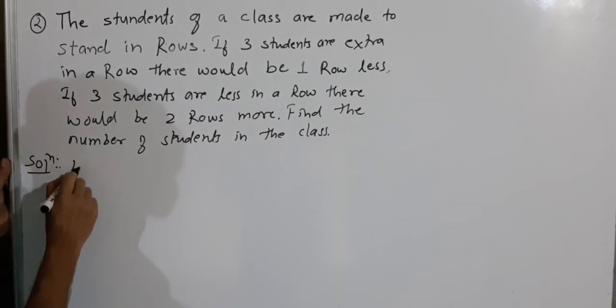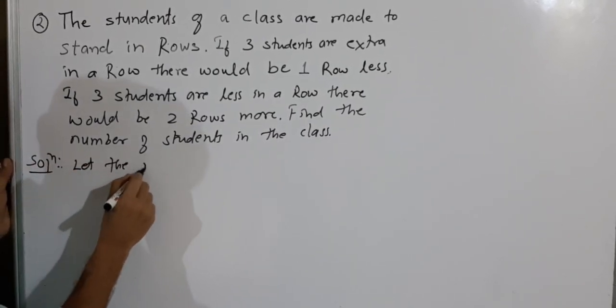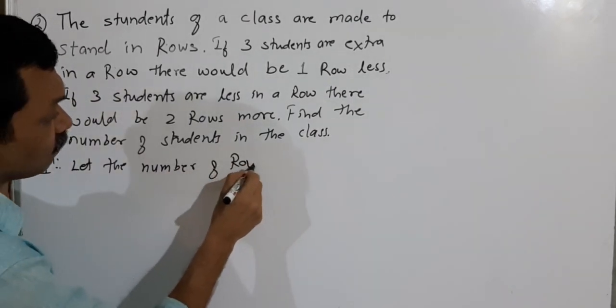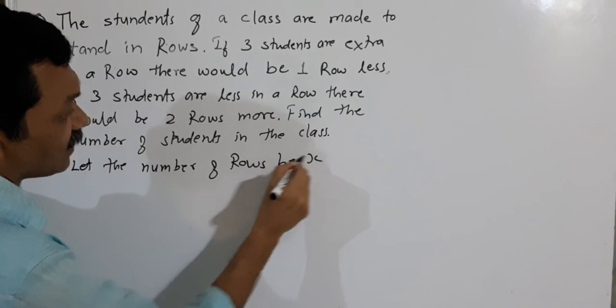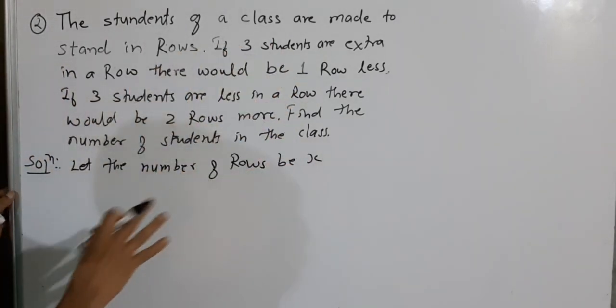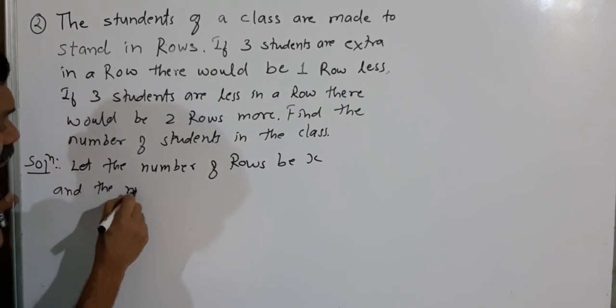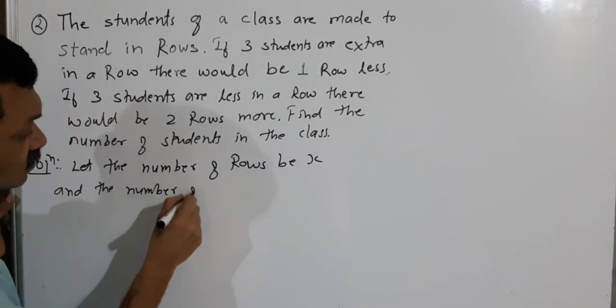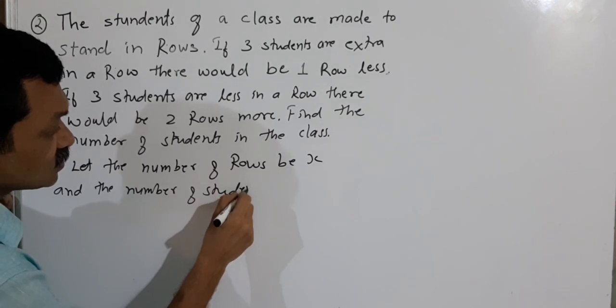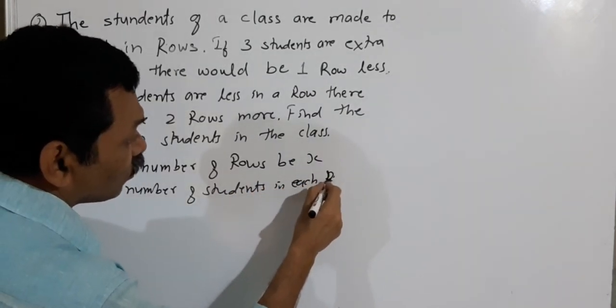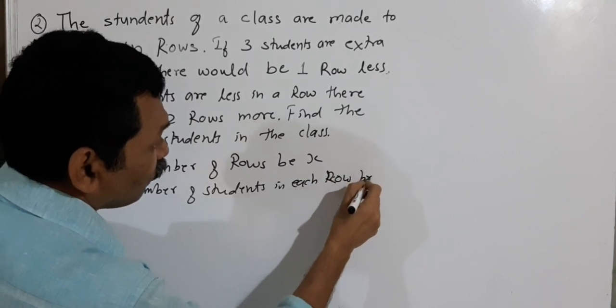Solution: let the number of rows be x, and there are some students in each row, so let the number of students in each row be y.